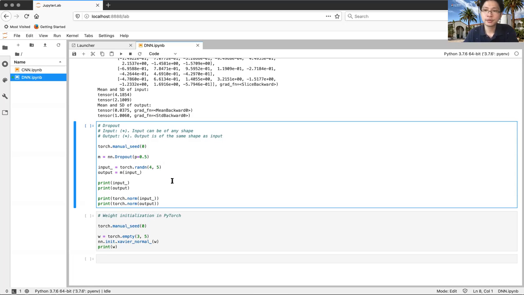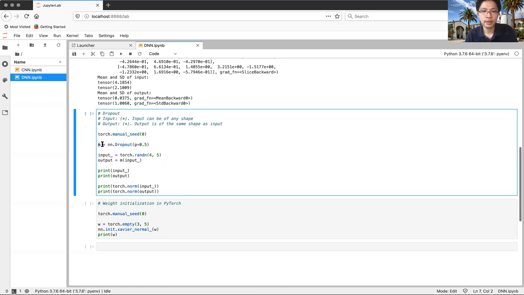And it will also scale up the values of the remaining non-zero entries in the input. So this time I define the dropout unit with a probability number. This probability equal to 0.5 means that I'm dropping out 50%, half of the elements in the input tensor. And the input tensor is a 4 by 5 matrix, right? I will apply the dropout to it, and let's see what the result looks like.